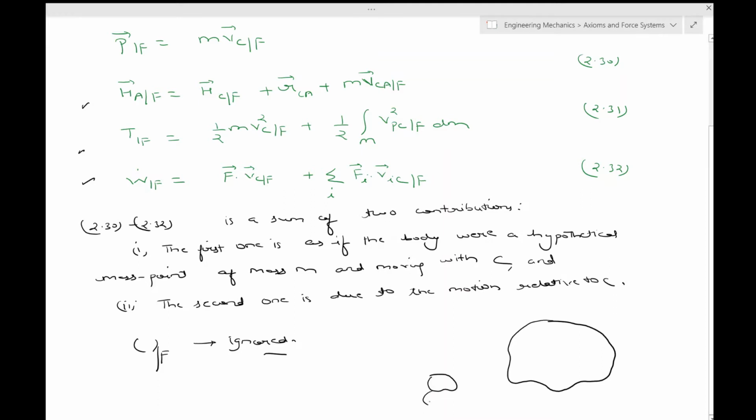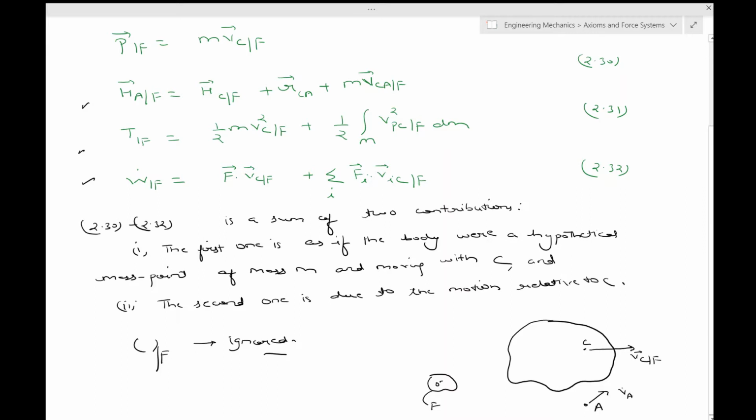This is clearly frame F, this is point O. Now this C is the center of mass. It has its velocity with respect to the F frame. There is a point A about which the moment of momentum has been written.